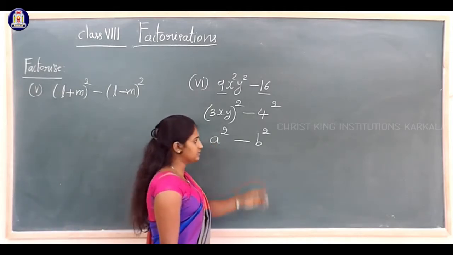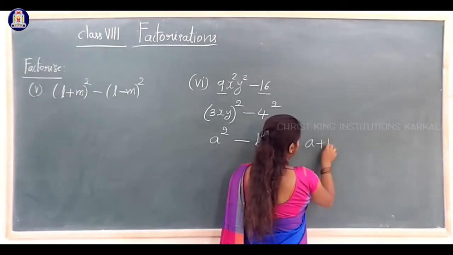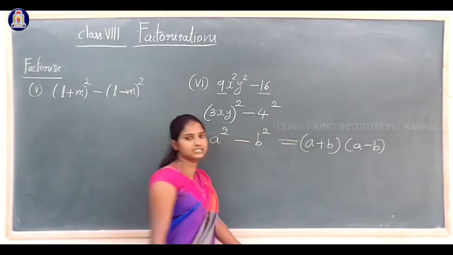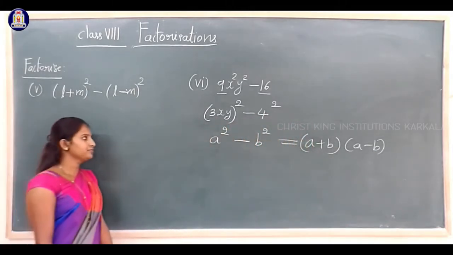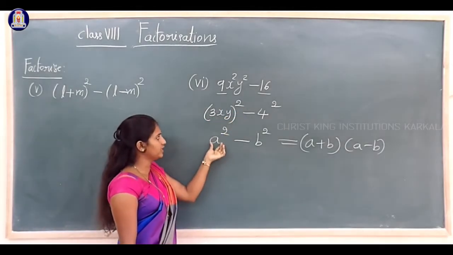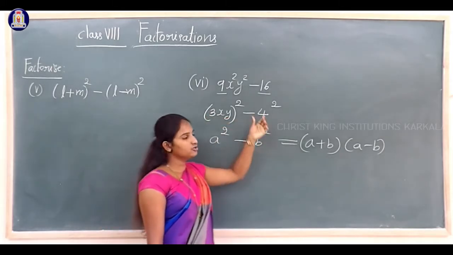A square minus b square can be written as a plus b into a minus b. So now you have to write in this form, a plus b into a minus b form. Okay. Now the question is 3xy the whole square minus 4 square, a is 3xy and b is 4.